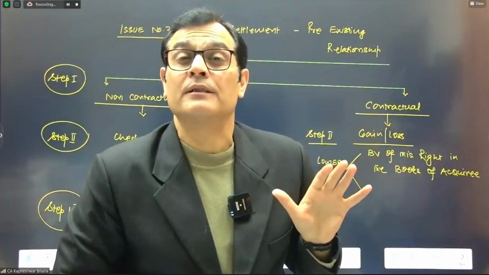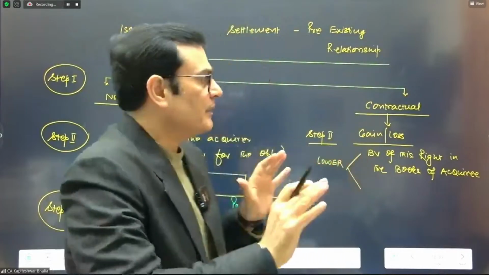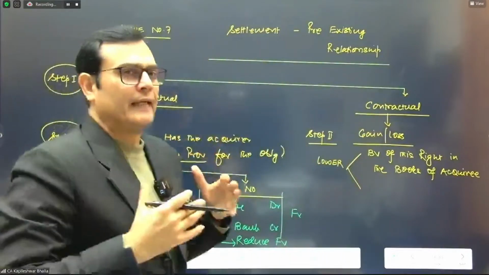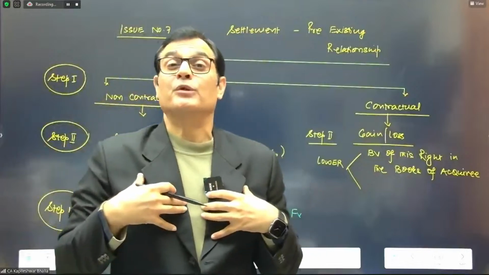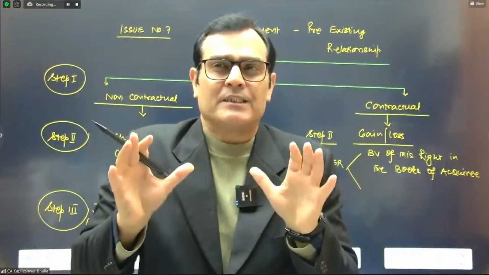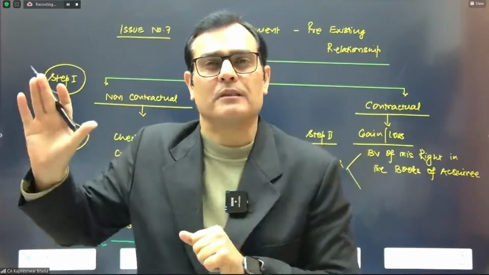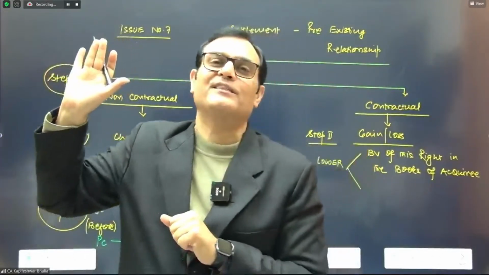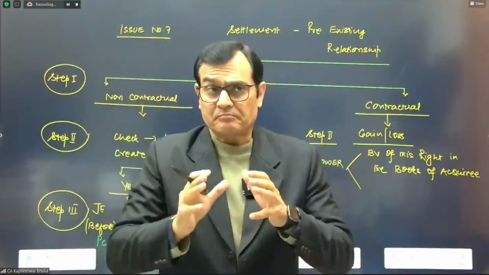I'm not looking at the other case. In both my discussions, mind you, I'm looking at a situation which is adverse for the acquiree. I don't want to do extensive permutation combination discussions, otherwise we'll spend 3 hours on the pre-existing relationship only.